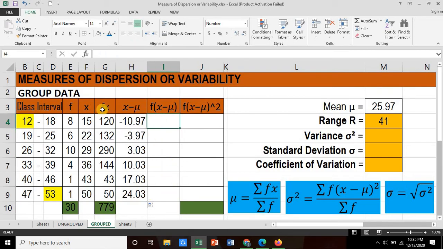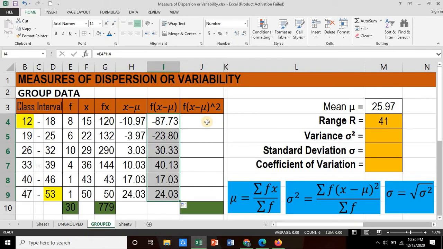We now take the product of these 2 columns, the frequency and the difference of the midpoint and the mean. So that is equals the frequency multiplied by the difference of the midpoint and the mean. Press enter, and you have a negative 87.73. We copy the formula, simply drag the cell, and there you go, it's also completed.